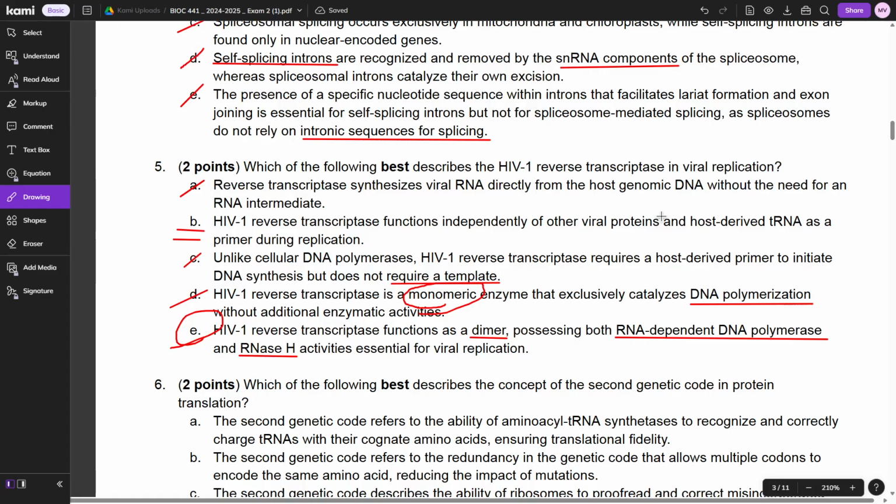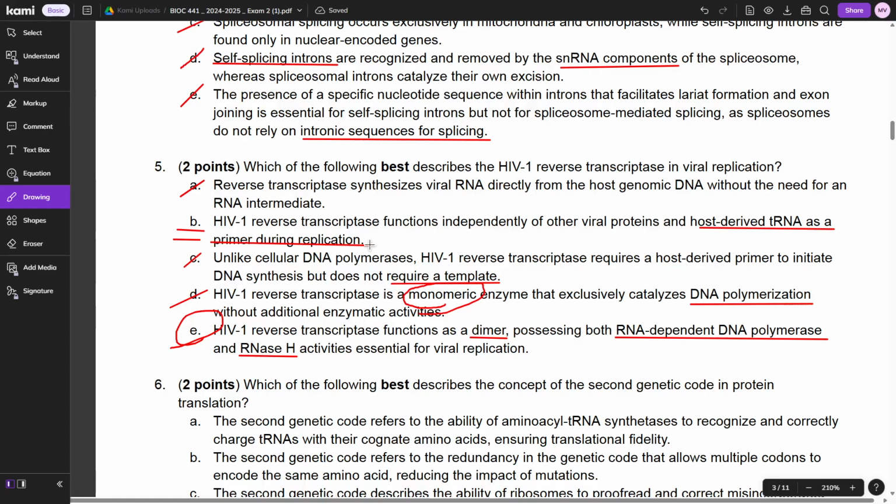B, I feel like maybe you could argue for, but it also doesn't really act independently, right? Yeah, that also is a bit weird. Independently of others, and host-derived tRNA as a primer during replication. That is also a bit strange. The tRNA. Yeah, I'm pretty sure the tRNA is not host-derived, if I'm not mistaken, but he said it's host-derived?